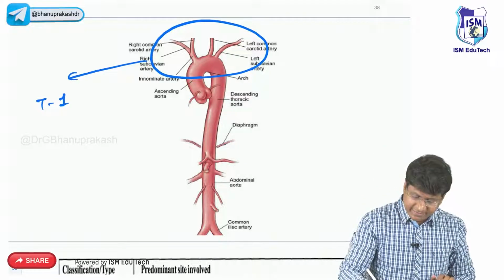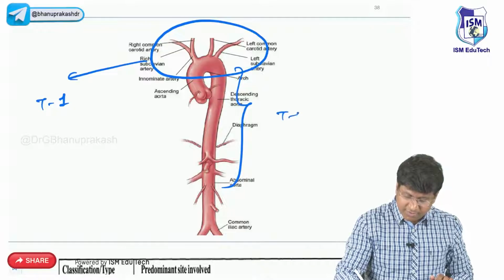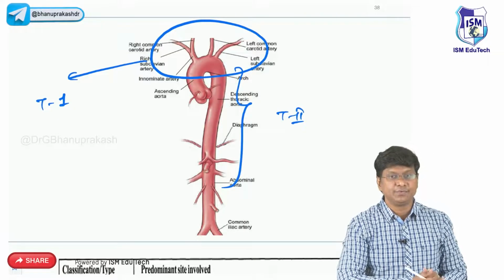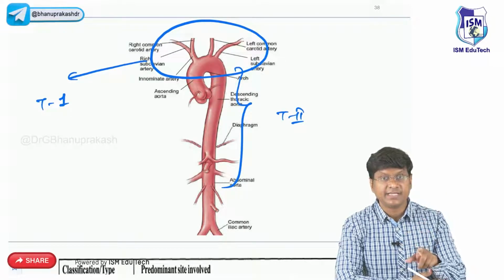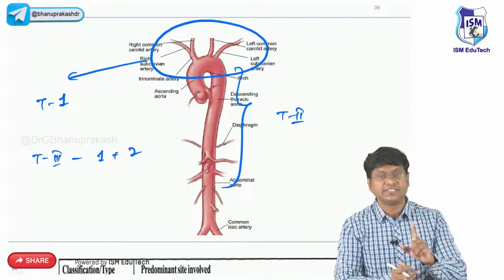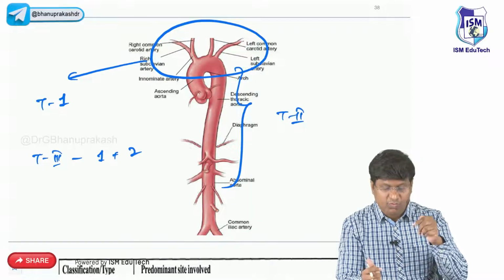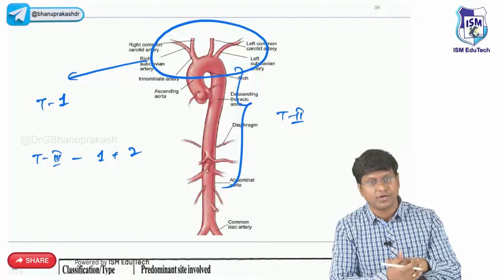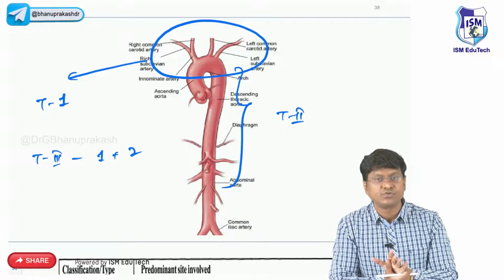Whereas in type 3, you have the manifestations of both 1 and 2. That means there is involvement of the arch of the aorta as well as the thoracoabdominal aorta, and that is what is most common in India.